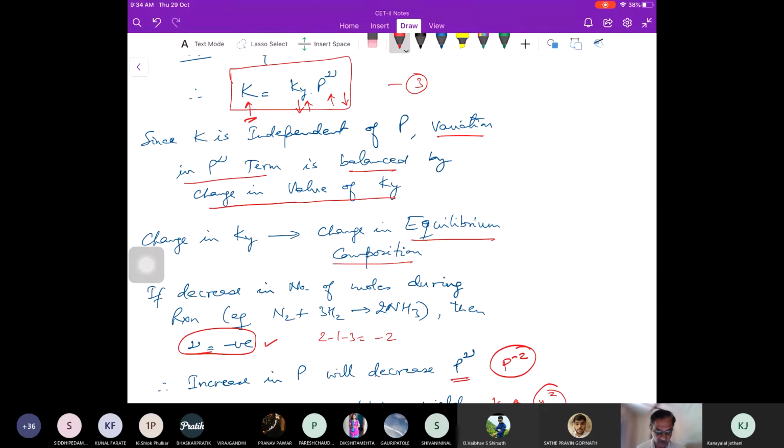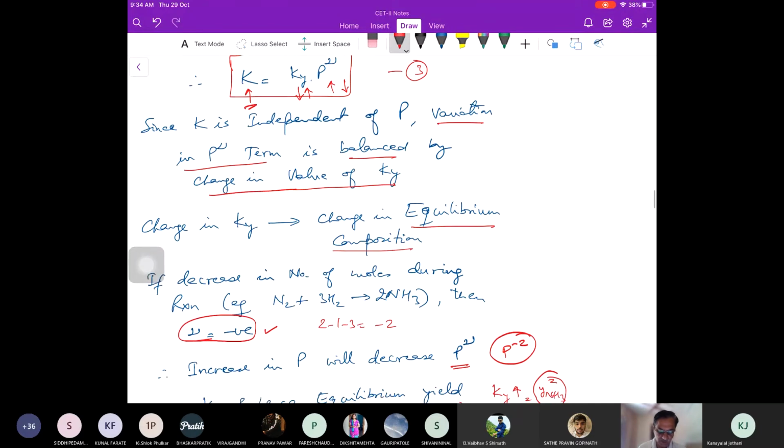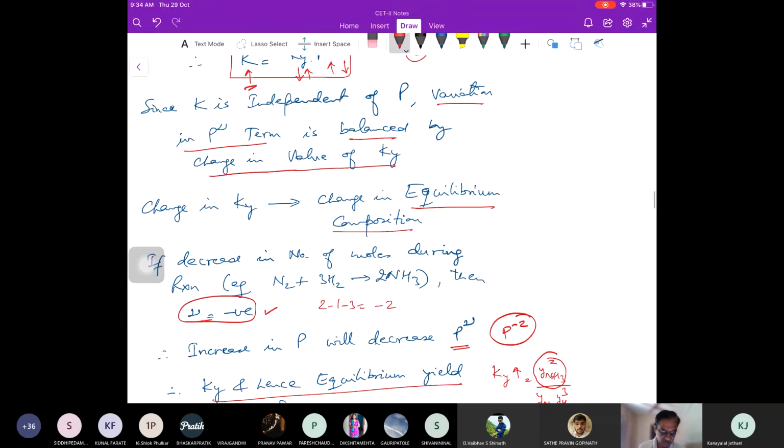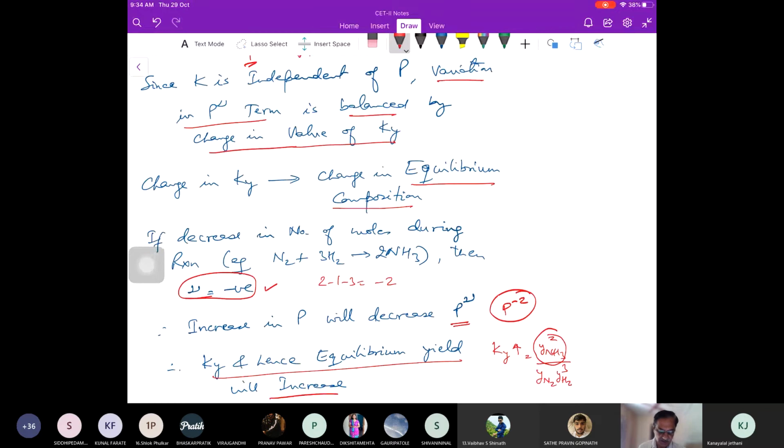In this case, it is -2 for ammonia. Therefore, the increase in pressure will decrease P raised to the power of nu, which is P raised to the power of -2, right? प्रेशर बढ़ाया तो ये टर्म रिड्यूस हो जाएगा. That means Ky should increase, right? Therefore Ky and hence equilibrium yield will increase.